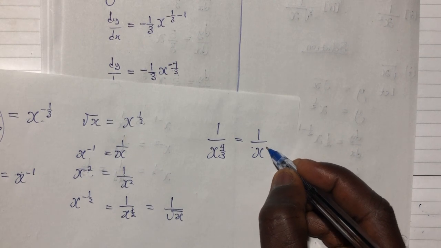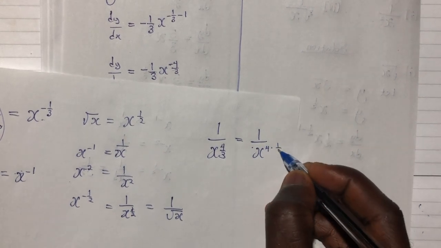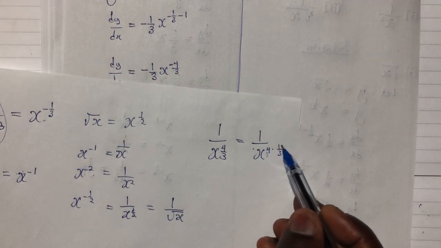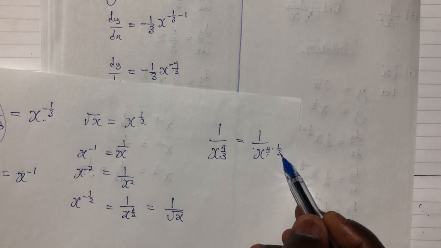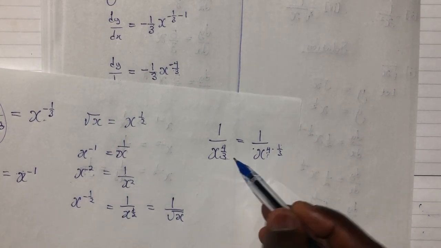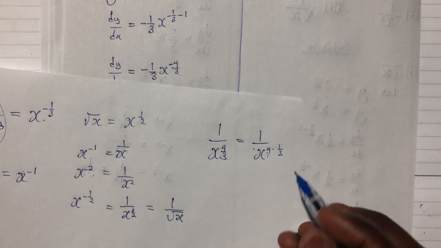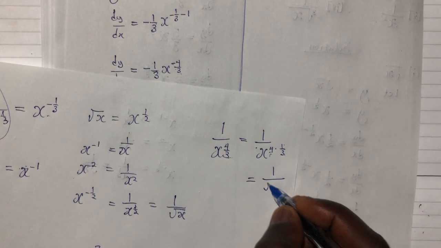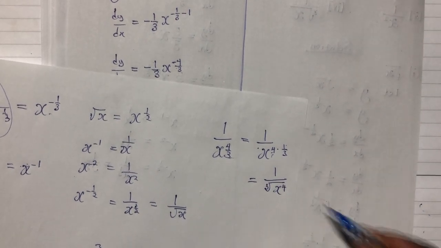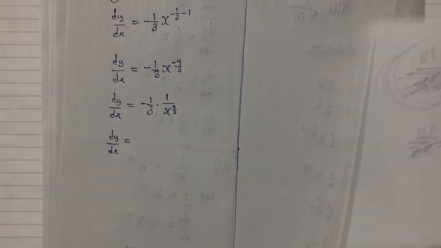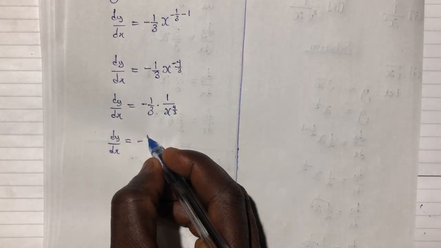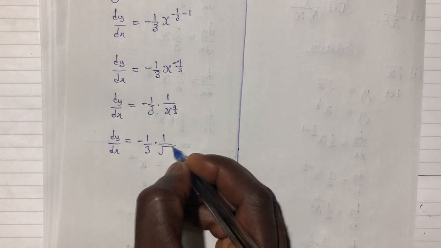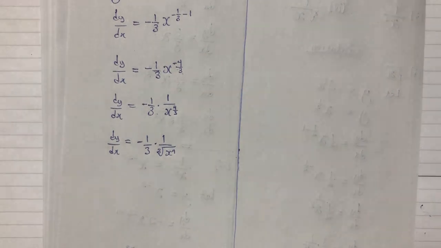I can factorize: raise to the power 4, multiply by the cube root, so that we know this is over 1, so this time this will give me 4, and 1 times 3 will give me 3, giving us 4 out of 3. So this becomes the cube root, and the final answer becomes 1 out of cube root of x raised to the power 4. So that is what we apply here. Negative 1 out of 3 multiplying 1 out of cube root of x raised to the power 4.